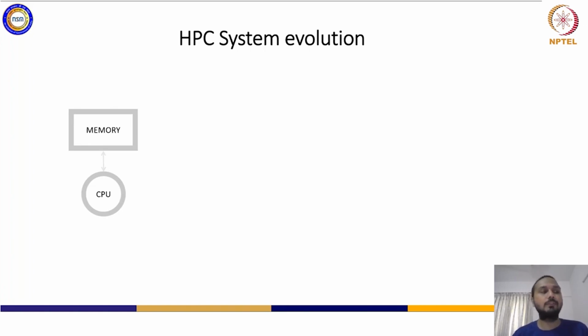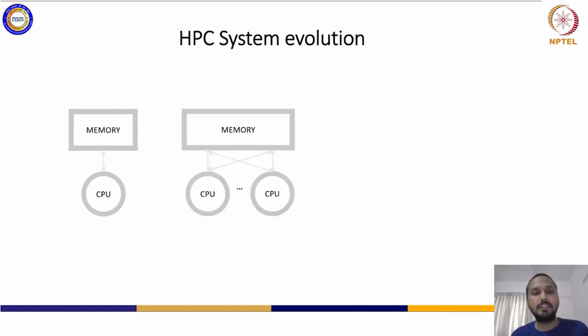But then more compute requirements came, and one core was not enough to solve them. That's when the multi-core era came, where nowadays you don't get any processor which has one core. You have multiple cores and all of them share the memory. As I said, CPUs nowadays come with 80 cores.